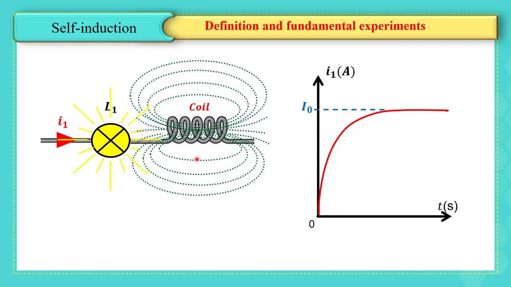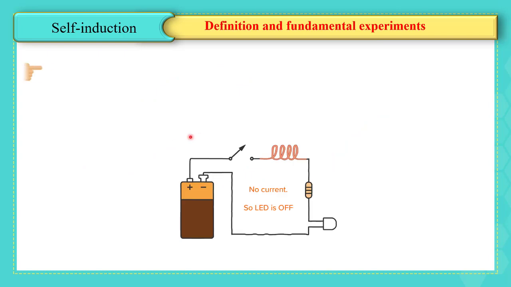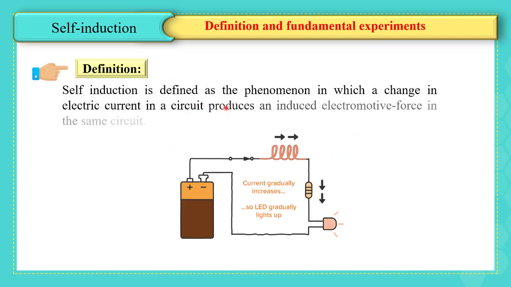The induced EMF causes a current which would establish a magnetic field opposing the change in the original magnetic field. So self-induction can be defined as the phenomenon in which a change in electric current in a circuit produces an induced electromotive force in the same circuit.